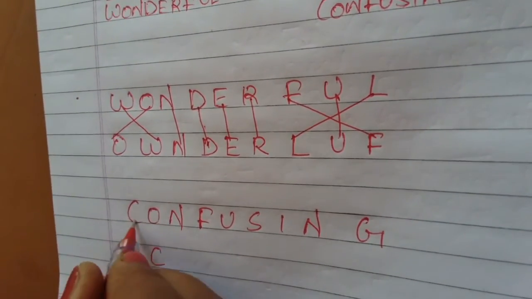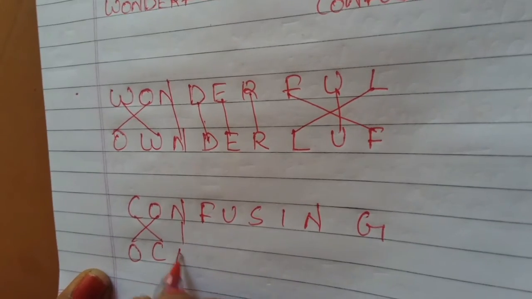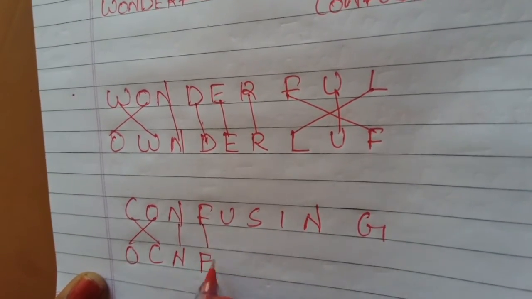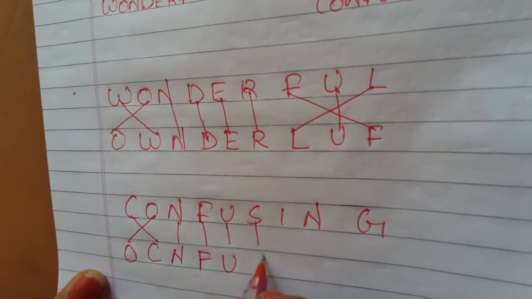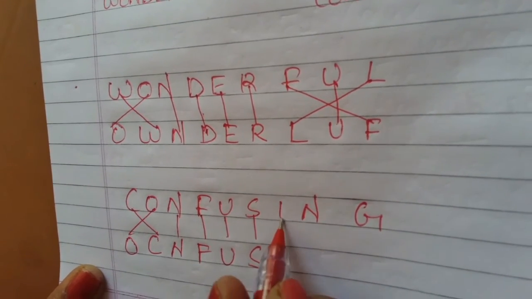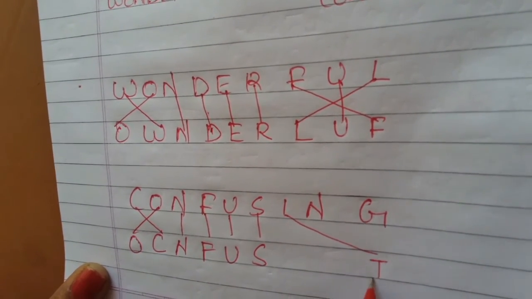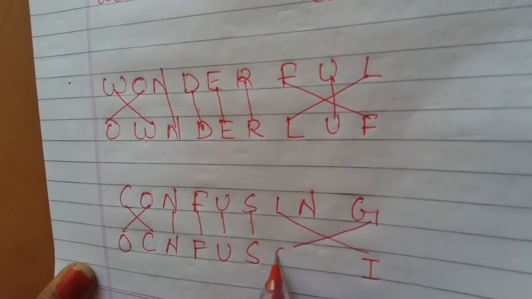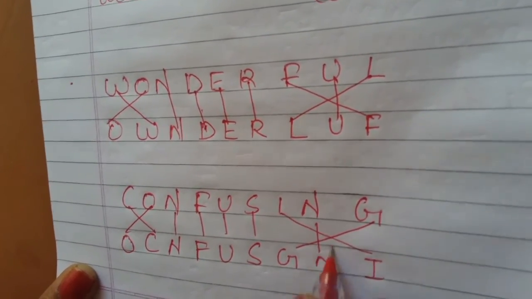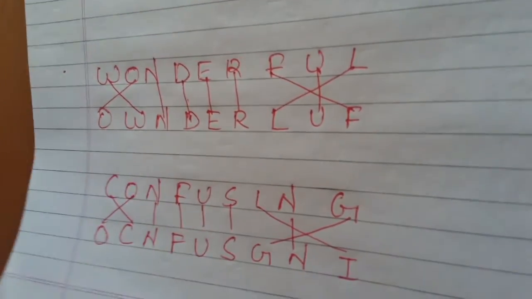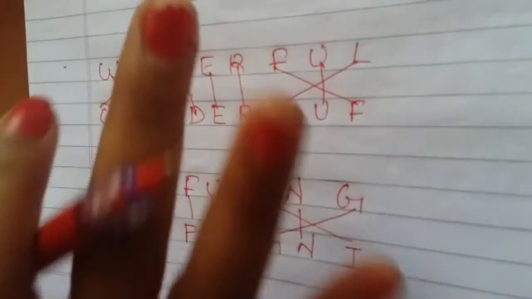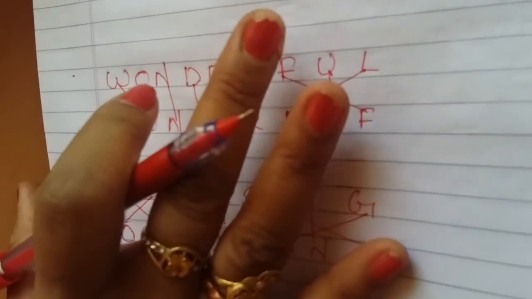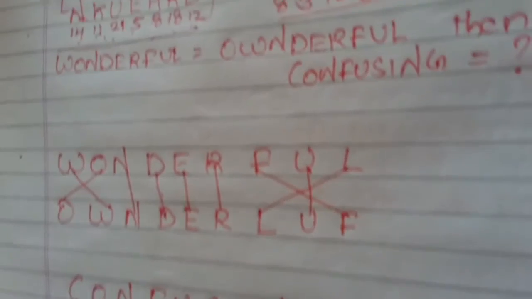O, C, N, F, U, S, that is I, G and N. This is some of the patterns about coding decoding, and it is very much beneficial in the exams. So these are some examples.